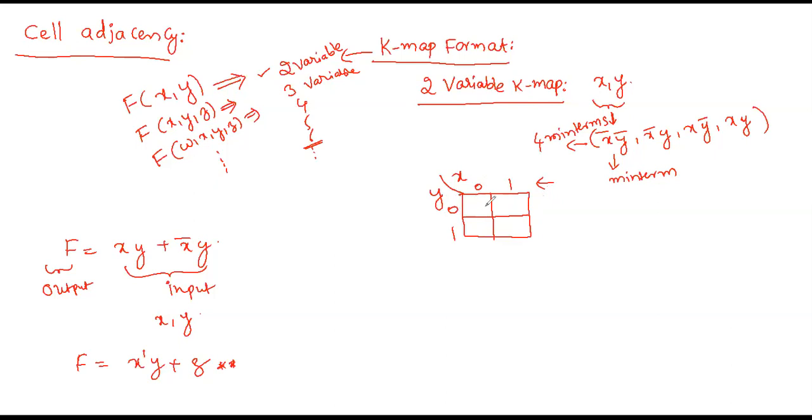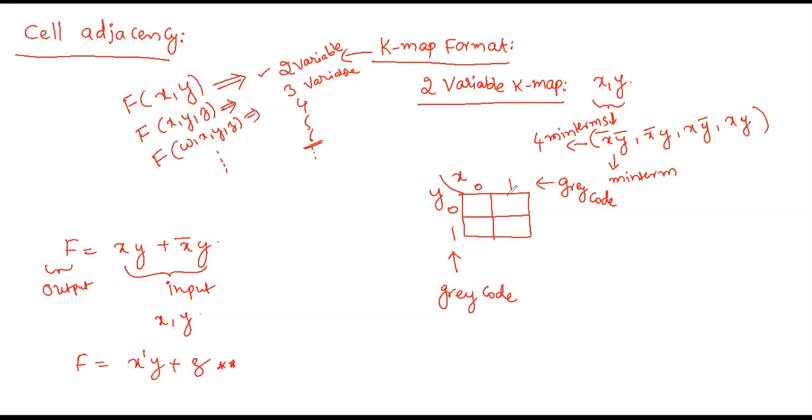Generally, we write this series in gray code. In gray code or binary, the first two digits are the same.